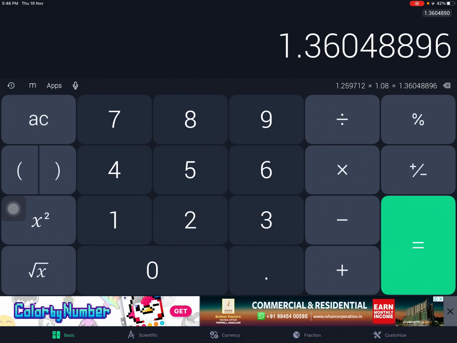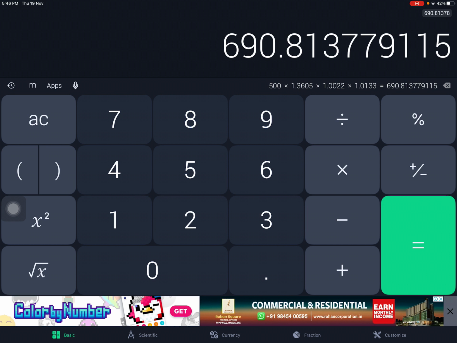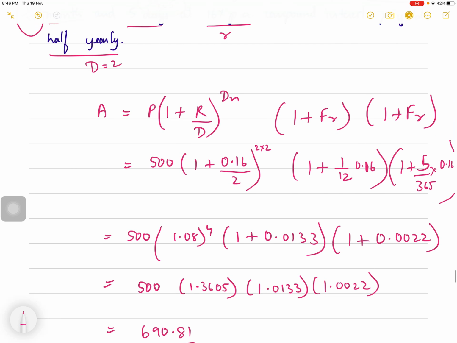So 500 into 1.3605 multiplied by 1.0022 multiplied by 1.0133, which comes to 690.81. Okay.